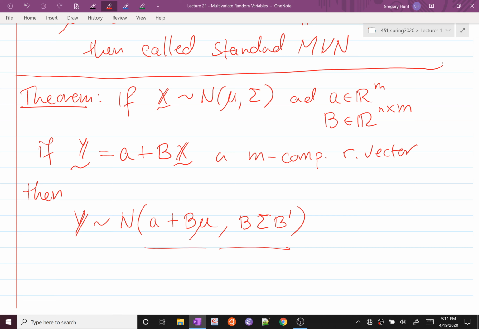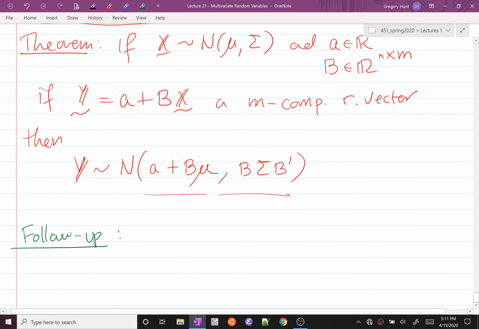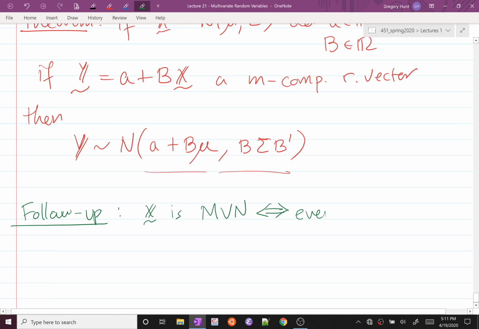That doesn't have to be true, but it is. In fact, the follow-up is that it's kind of a defining characteristic of the multivariate normal. So some random vector x tilde is multivariate normal if and only if every linear combination of its components is normal.